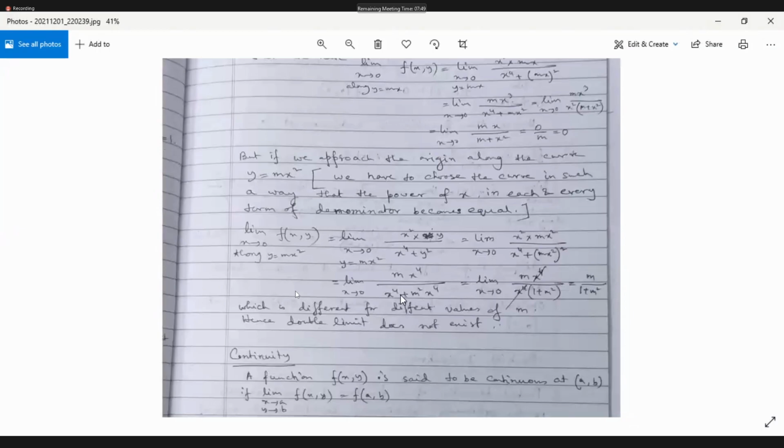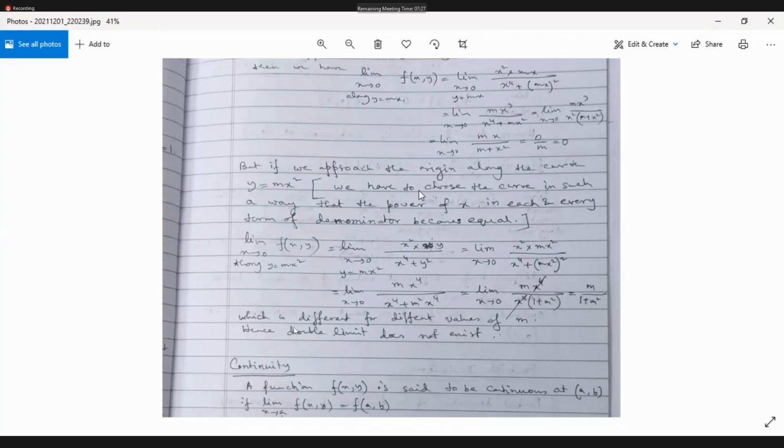From the denominator we can take x to the power 4 common, it will be 1 plus m square, and the numerator is m into x to the power 4. So x to the power 4 will cancel out. It will be m by 1 plus m square, which is obviously different for different values of m. Hence the double limit doesn't exist.